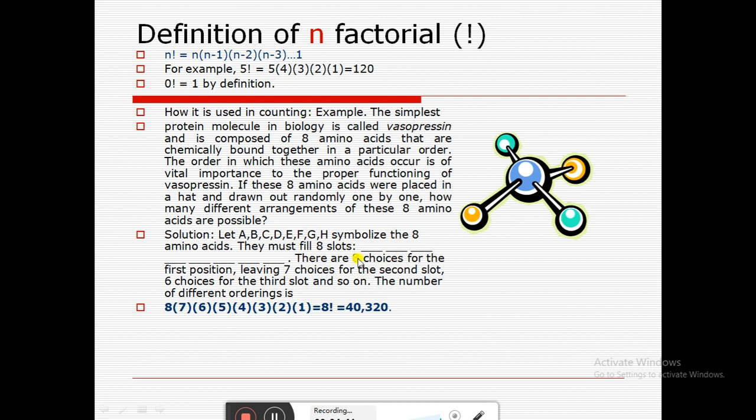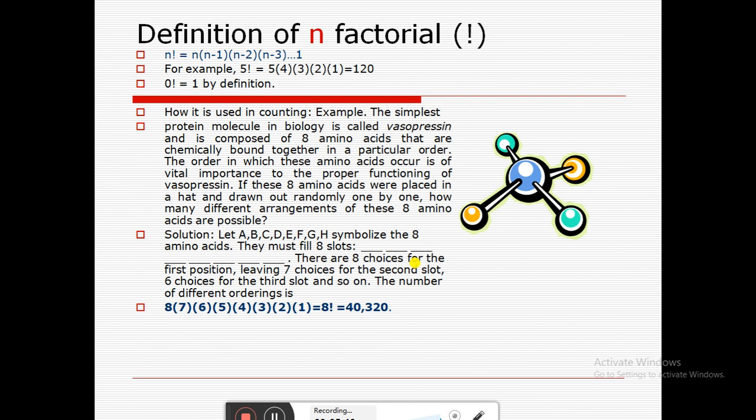There are 8 choices at first, but at second we are left with 7 choices, and at third we are left with 6 choices. Like that, the number of different orderings is 8, 7, 6, 5, 4, 3, 2, 1.